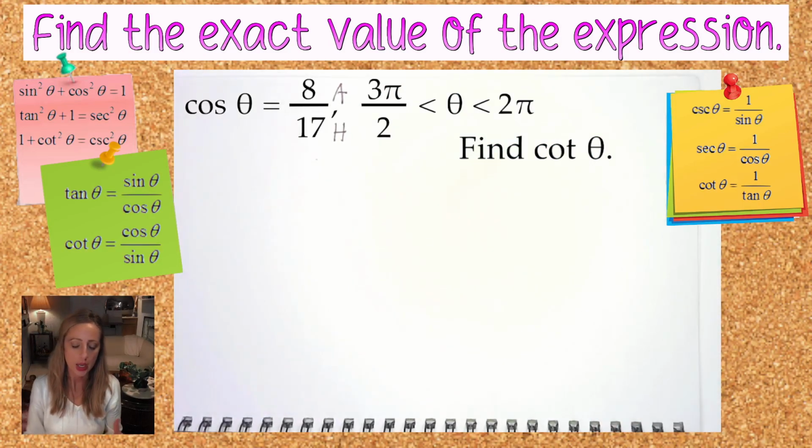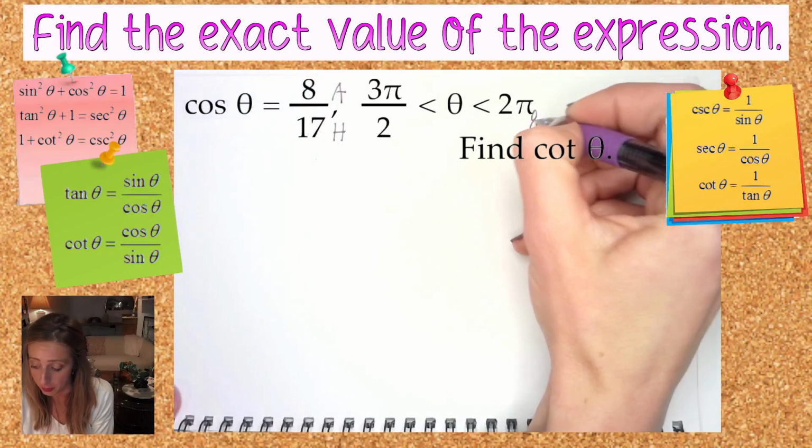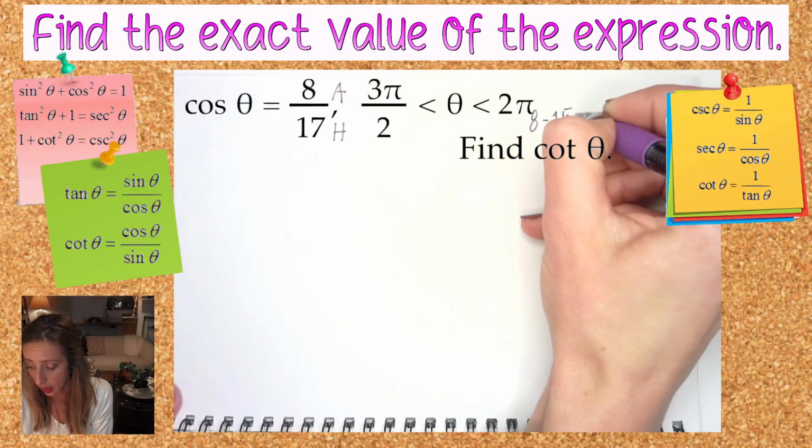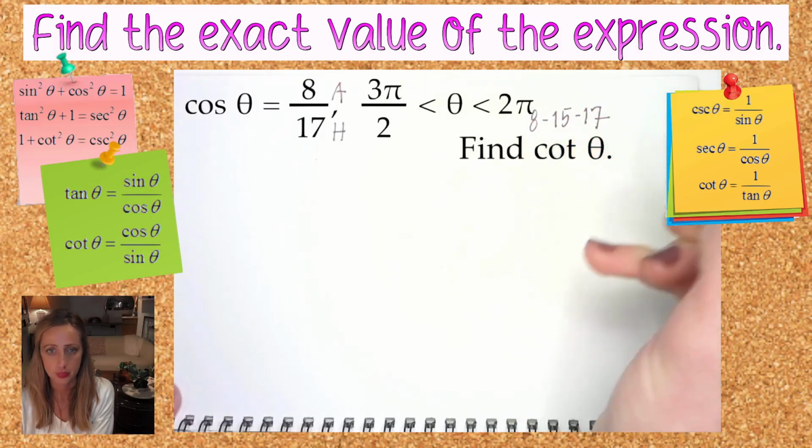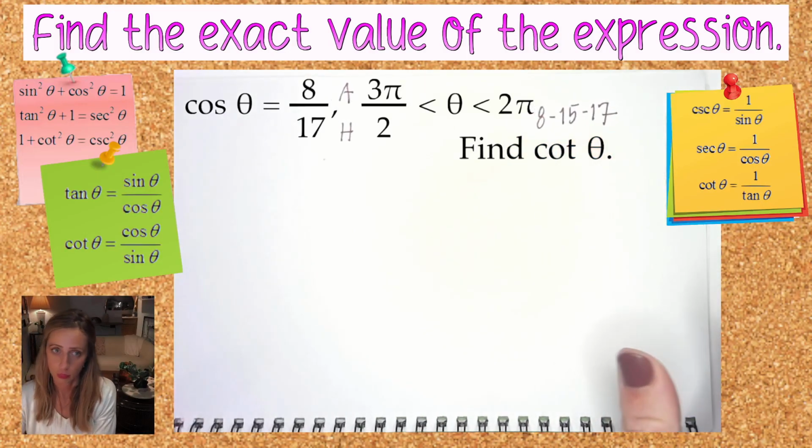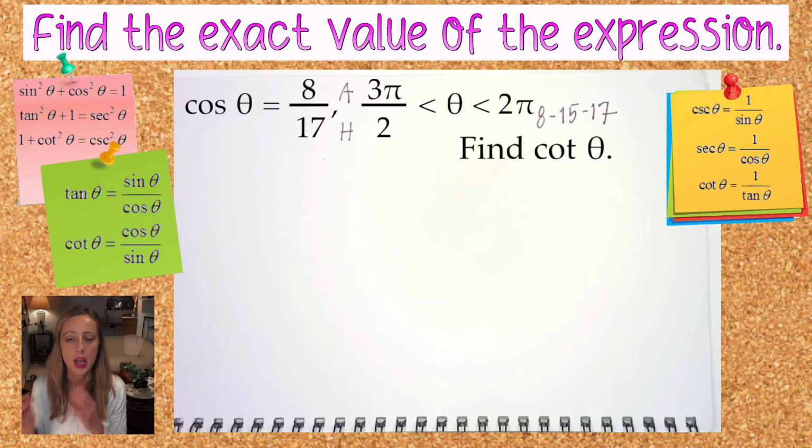Now, these triangles that we talk about, opposite, adjacent, hypotenuse, are always going to be right triangles. Do you know a Pythagorean triple that has 8 and 17, 17 being the hypotenuse? If you were my student, I hope you know 8, 15, 17 is a very important Pythagorean triple, and that's going to help us move along a little bit quicker.